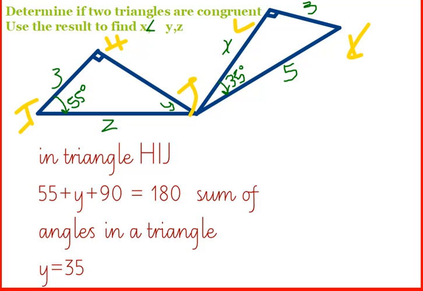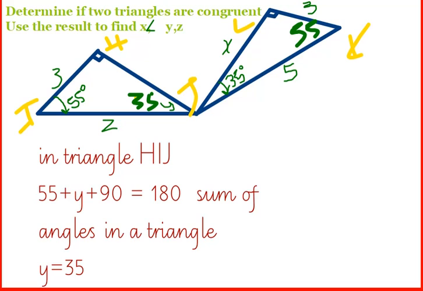So this y will be 35 degrees. Let's just enter that, 35 degrees. And in this case, we also know that 180 minus 90 is 90, minus 35 is 55 degrees.